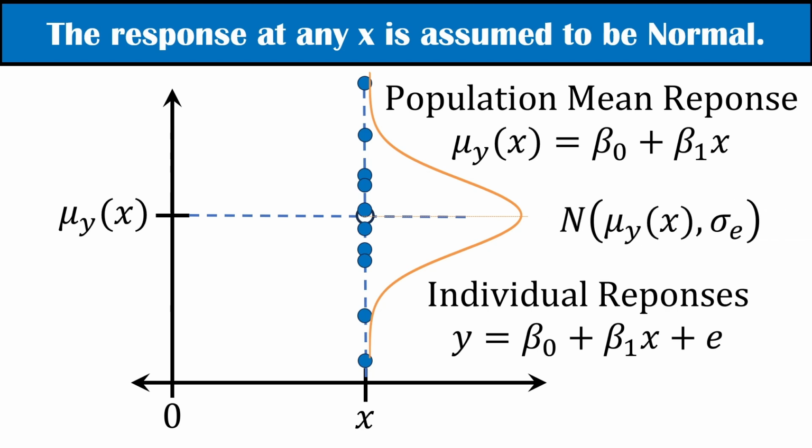These individual measurements are approximately normal in distribution. They're centered at the population mean response, and they have some variance, which is given by a population standard deviation. It's the standard deviation of these individual differences. You can call them errors. When we actually look at data, we can estimate what those are using the residuals. And that's why we use the same symbol E.